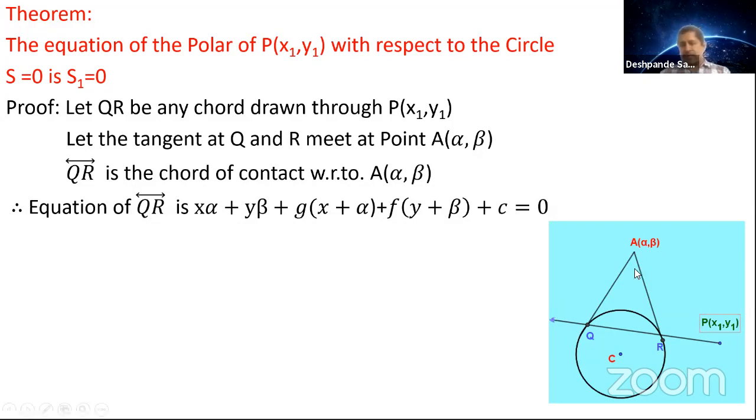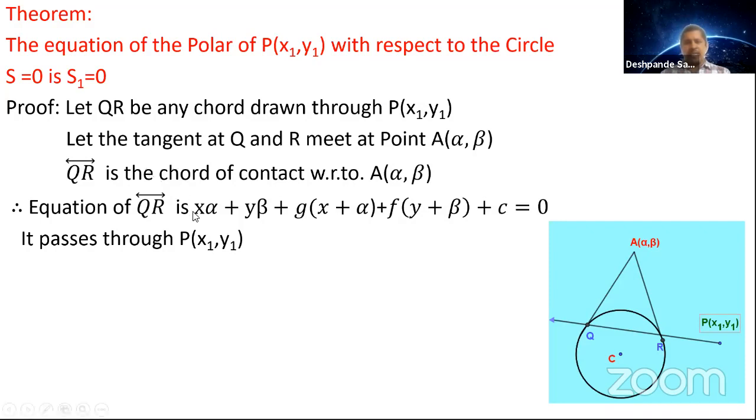Now, this line equation is given by the equation here. Now, this line is passing through the point P(x1, y1). Do you agree, children? See, on this line, you got this point also. So this point should satisfy this equation. So what is the meaning of it?